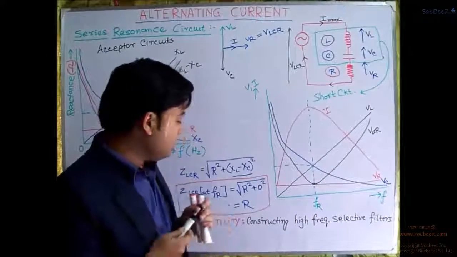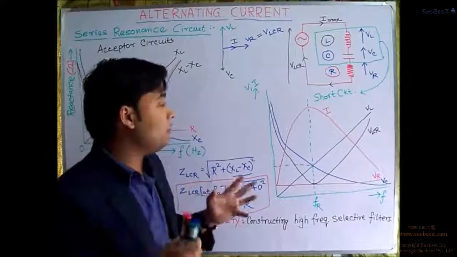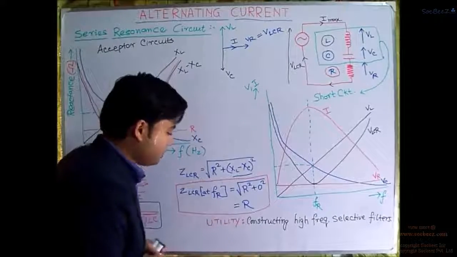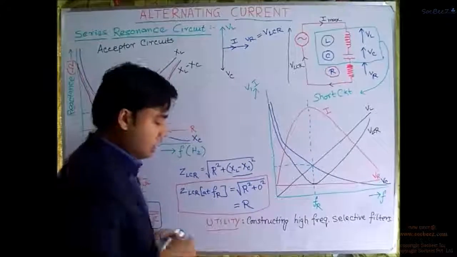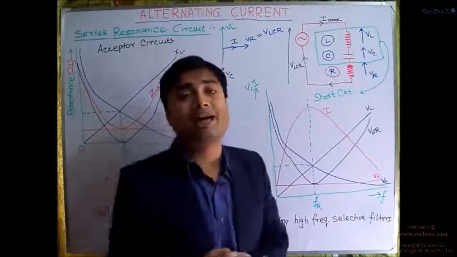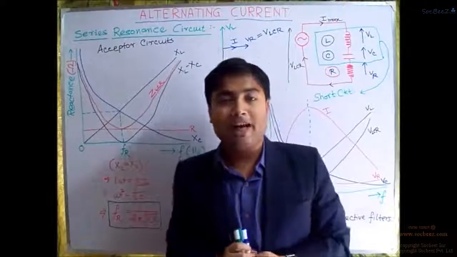So they are only used in various applications keeping in view that the I will be maximum. And one of the utilities is that they are used in constructing high frequency selective filters, as they are also known as the acceptor circuits, right?